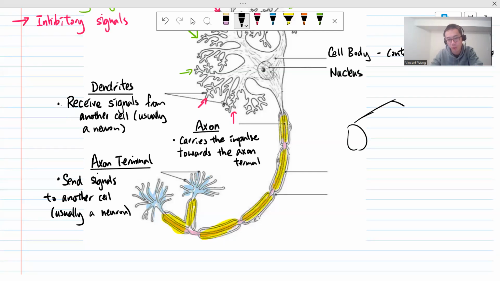If you draw it in 3D view, you have this waxy membrane that goes around the actual axon. So the axon is right in the middle, and then you have this waxy coating that goes around the axon. That is called the myelin sheath.